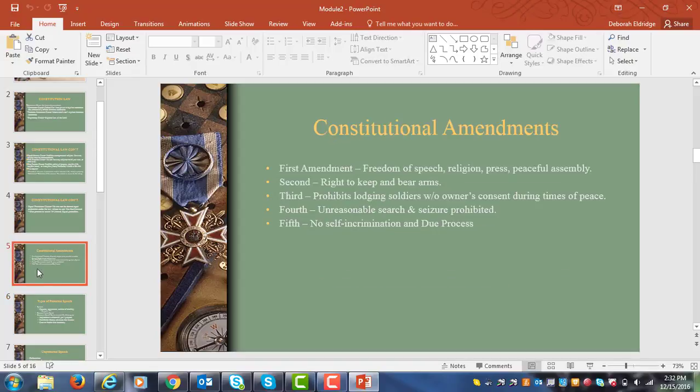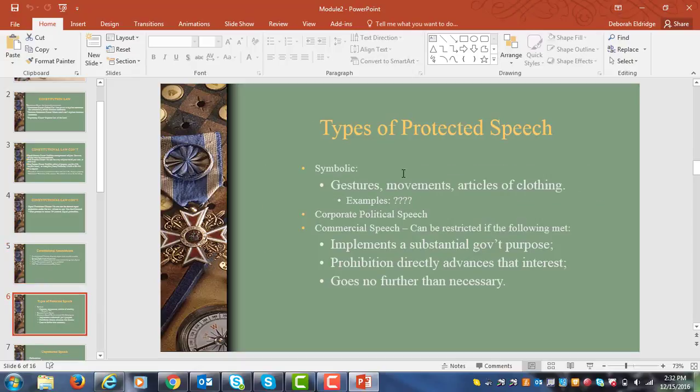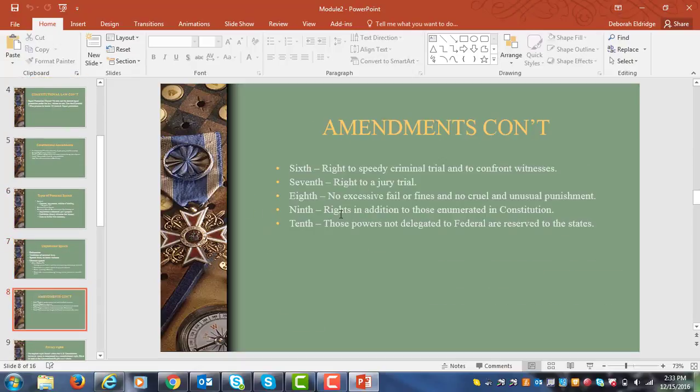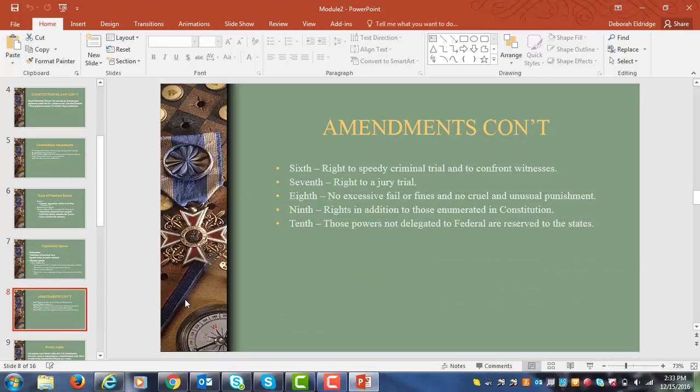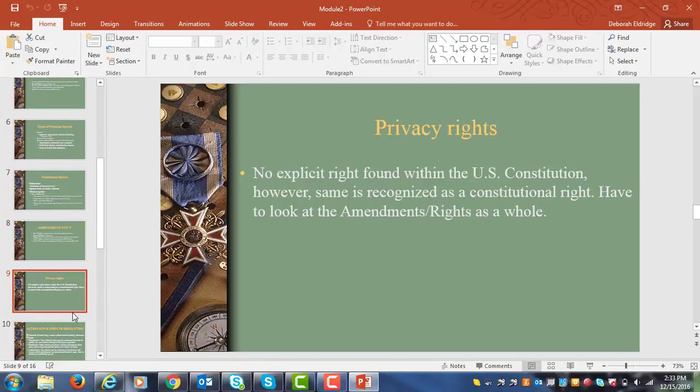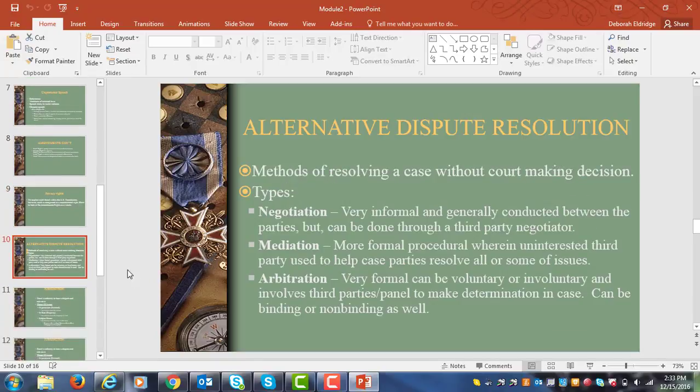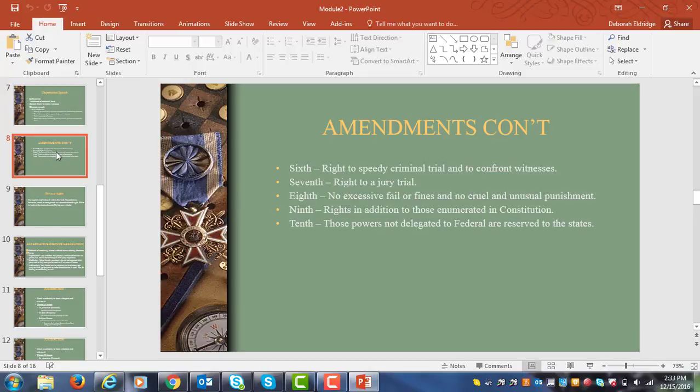We're going to be looking at freedom of speech, our right to keep and bear arms, unreasonable searches and seizures, no self-incrimination, which is also the Due Process Clause, things of that nature. You'll look at the types of speech that are involved. You'll look at what is protected speech and what's not protected speech. Defamation is not protected speech. You'll also delve into privacy rights a little bit in this module as well.